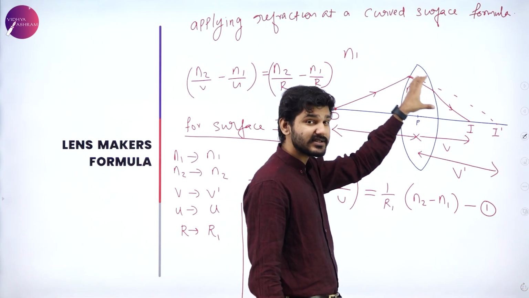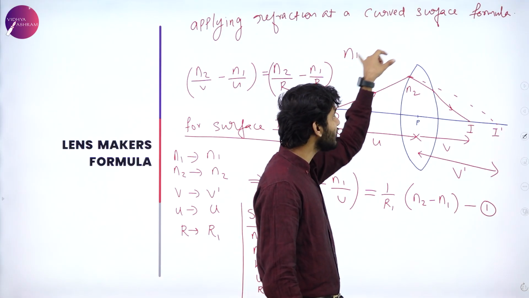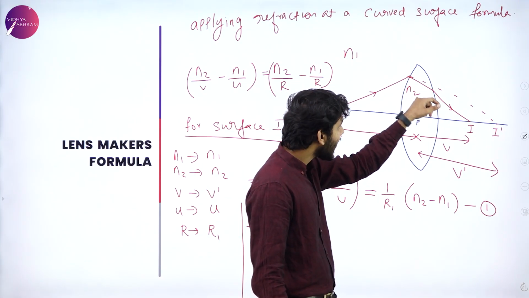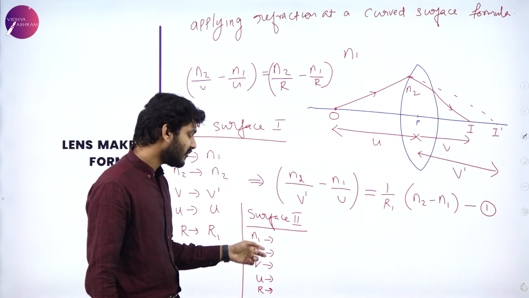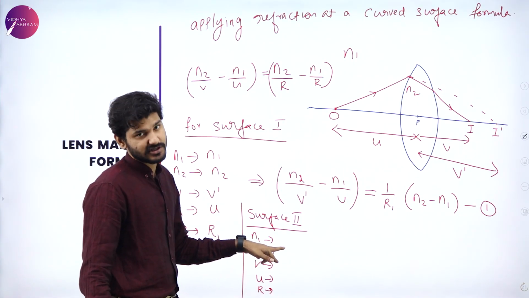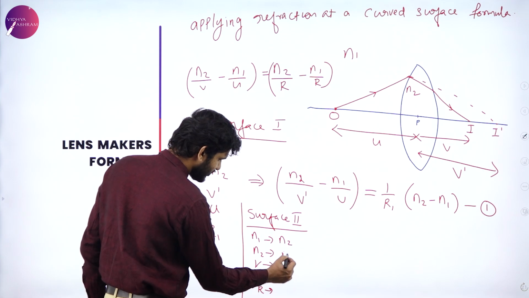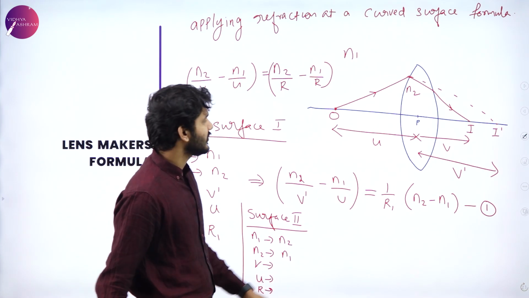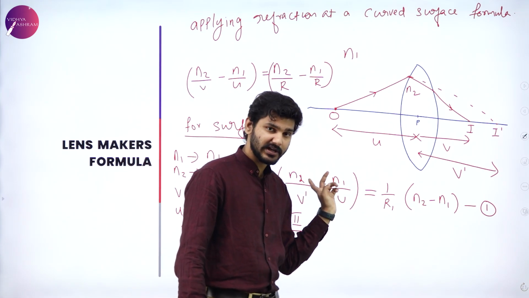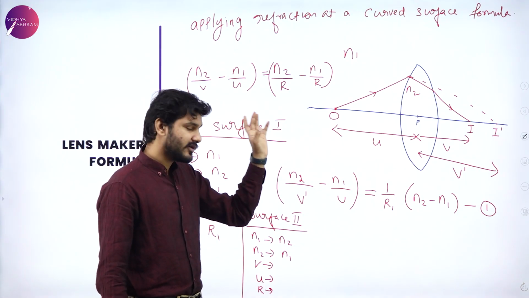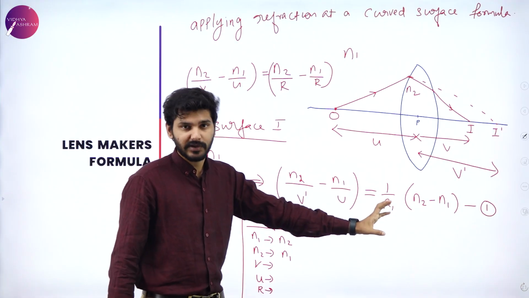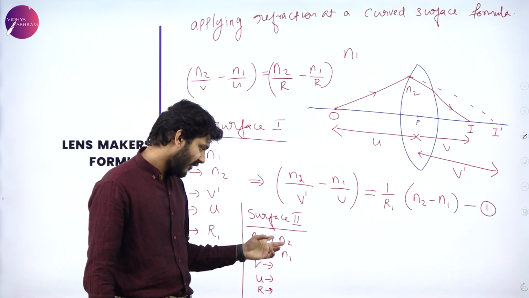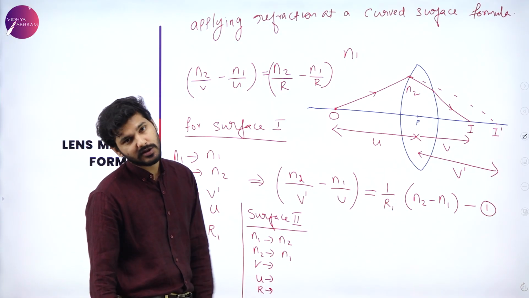Here light is not entering from N1 to N2, but rather from N2 to N1. So automatically N1 and N2 will be flipped, because this equation represents light traveling from the secondary medium to the primary medium. So here we have to flip it in order to balance the equation.